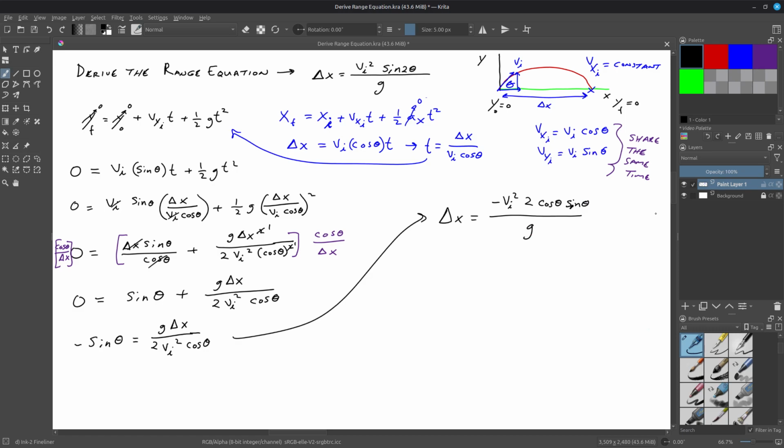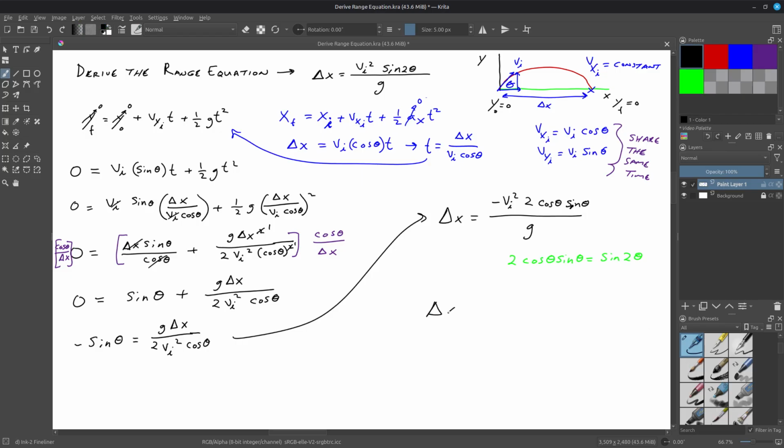Well, wait a minute. Here's what we need to do. There's a trig identity. 2 cosine theta sine theta, well, that's equal to sine 2 theta. Well, that changes everything. So let's give that a shot.